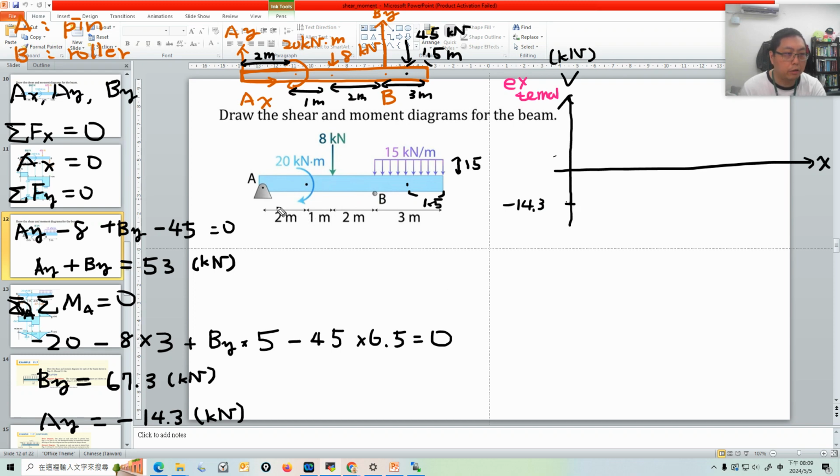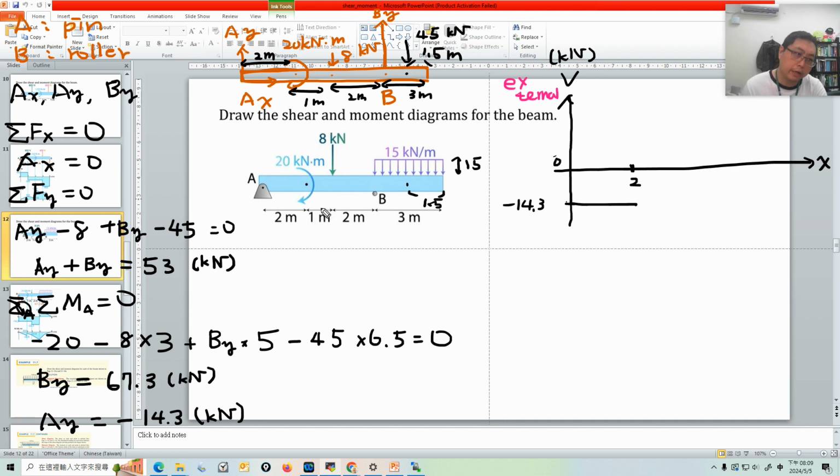And from this position to this position, from 0 to 2, there is no external force, so the shear force will keep the same value to the point 2.